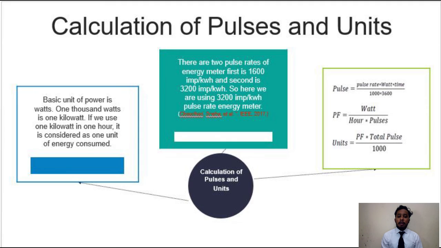After that we calculate the power factor: watt over hours, divided by pulse. After that, we calculate the units. Units is the power factor divided by the total pulse, over 1000.